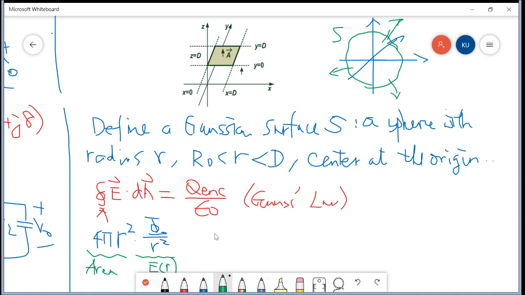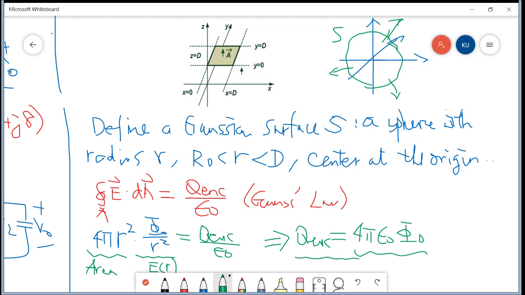On the right hand side, it is Q enclosed over epsilon 0. Then we can write Q enclosed equals, since r squared cancels, 4 pi epsilon 0 phi 0. This is very important.